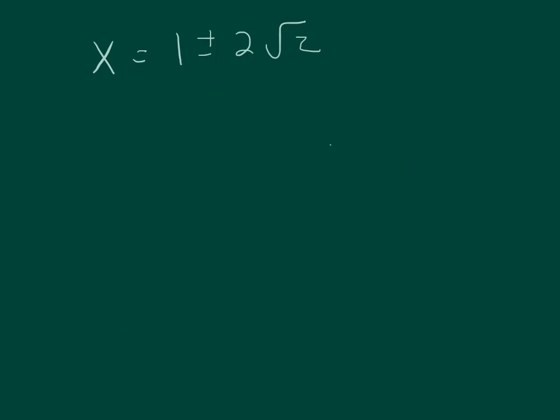Let's just continue with this example just for one more minute. So I just want you to think about this so that you're thinking that you have 1 plus or minus, and this is about 2.8 approximately. So you could say this is 1 plus 2.8 is one option, or 1 minus 2.8 is another option.